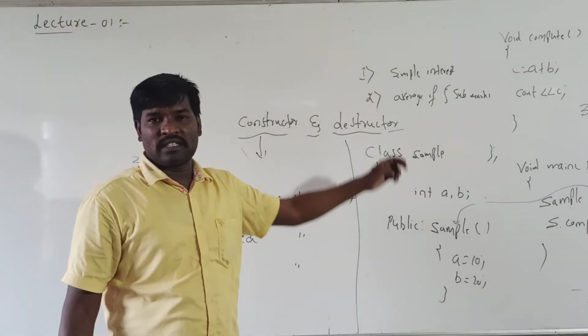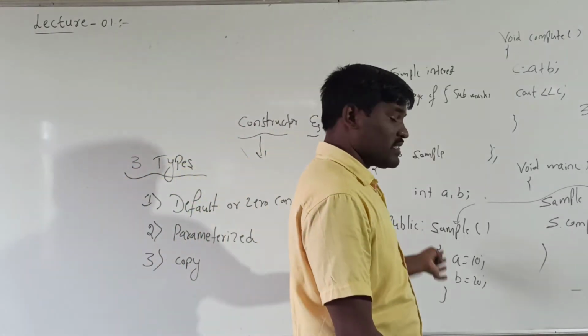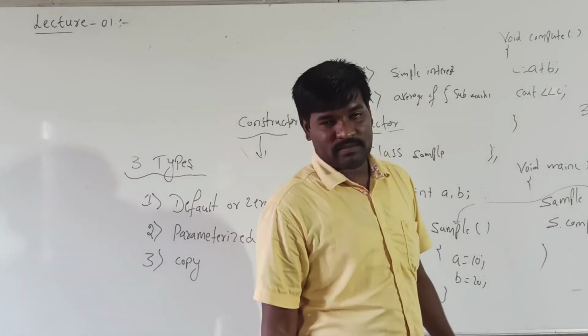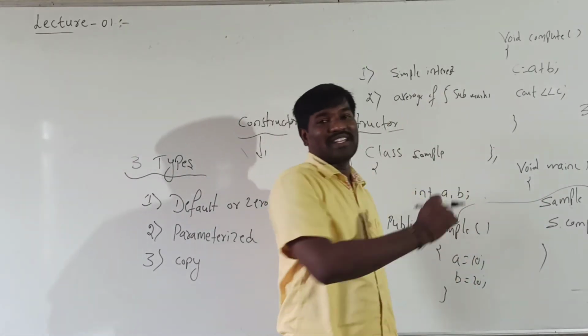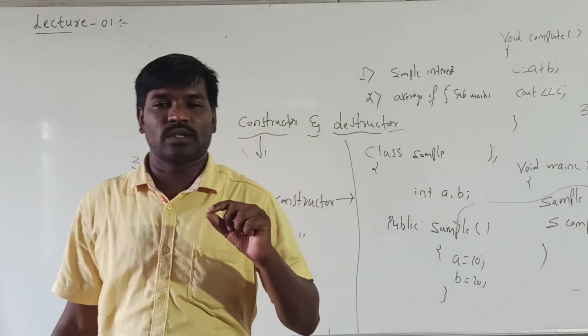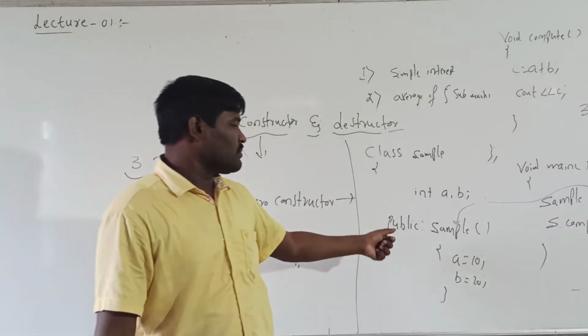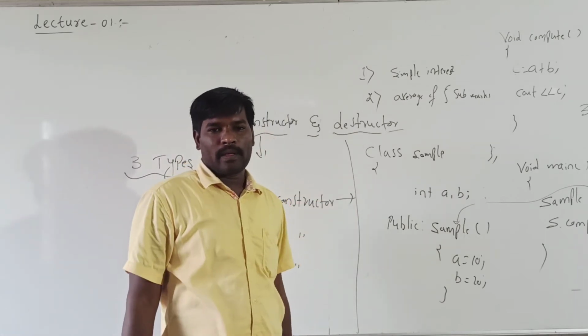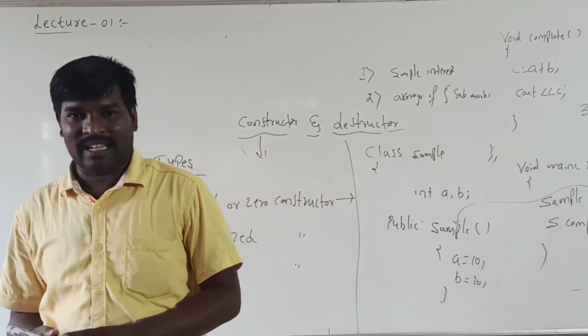Simple interest means 3 inputs. You can assign 3 values, compute, and call. In the same way, average of 5 subject marks means you can declare 5 variables and assign. Don't write cout and cin, because in the default constructor you have to assign manually. So you can try these two examples.